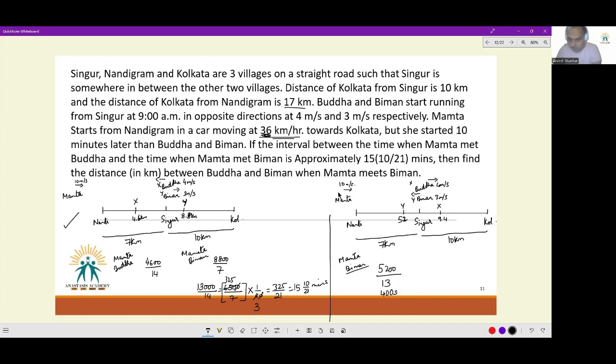And between the meeting of Mamta and Buddha, the distance that is to be covered is 9,400 at the rate of 6, which will be divided by 3, 4,700.